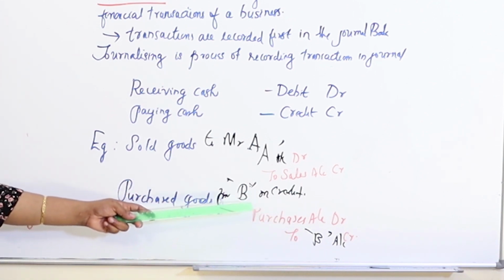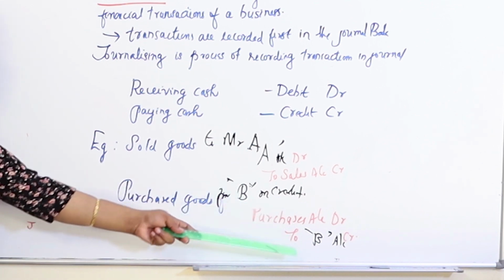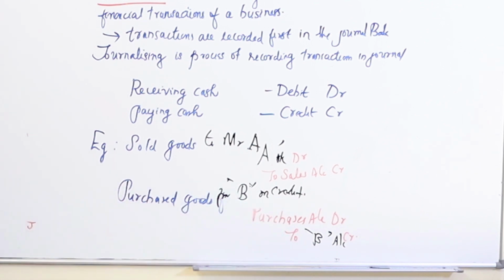But here you have to write purchase account debit to B because it's payable to B. Normally, for journal entries there are some rules of debit and credit. I will teach you the rules of debit and credit in coming classes, but now I am trying to explain simple entries. Hope you all understood this.